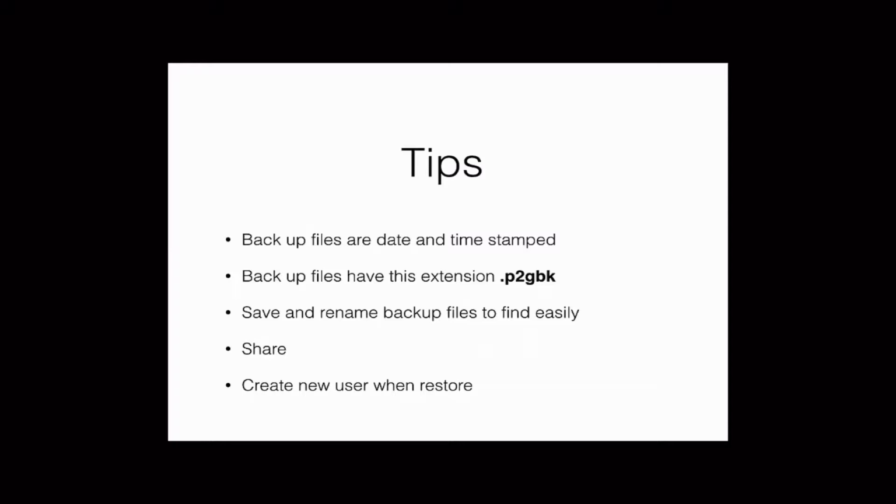So that backup file holds all that information, and because of that it can sometimes be quite a big file size. So when you have that backup file that's everything encapsulated all together, it has the file extension of .p2gbk, P2Go backup. It's the backup file.